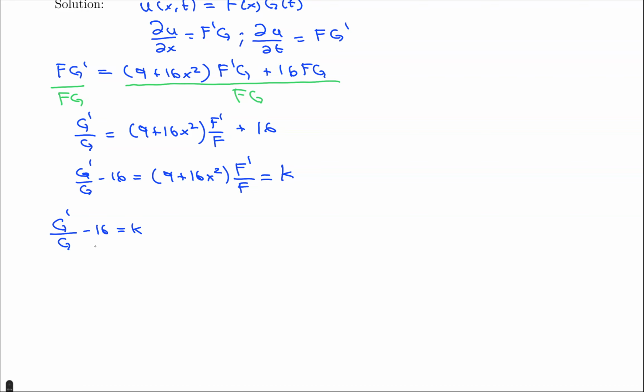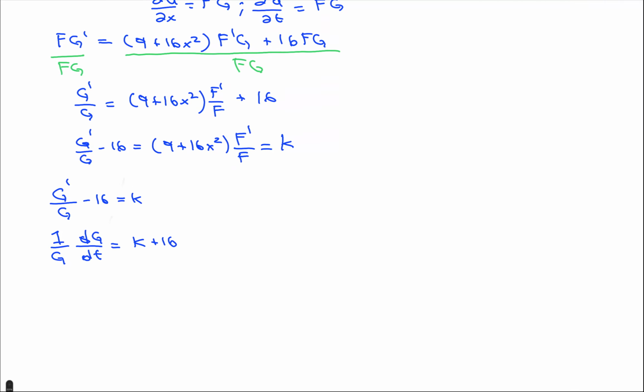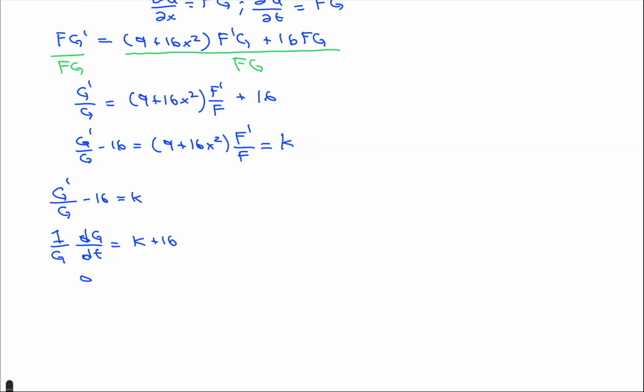So what I'm going to do, I'm going to add the 16 to both sides, and at the same time, I'm going to write g prime as dg dt, because again, keep in mind that g is a function of t, and that times 1 over g times dg dt equals k plus 16. All right, separating the variables, all g's remain on the left-hand side, and all the t's on the right-hand side, so that's k plus 16 times dt.